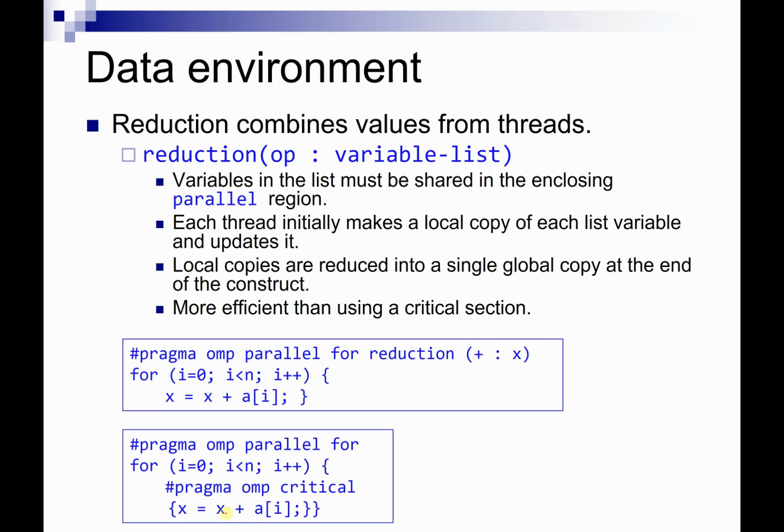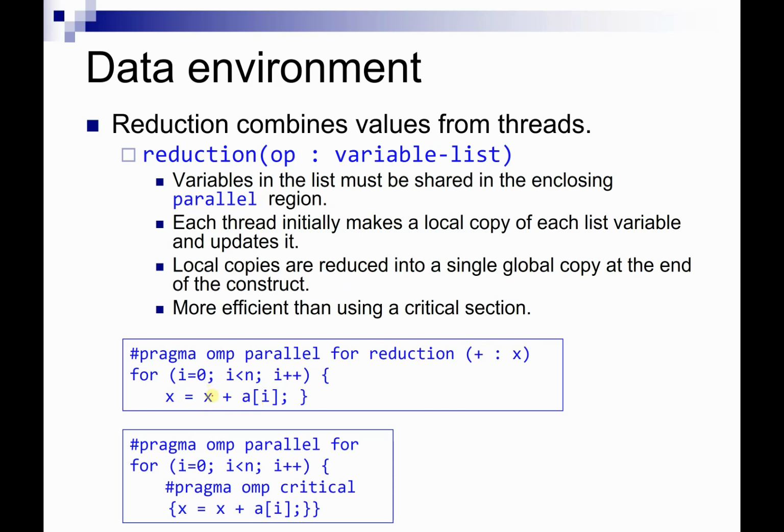Unlike here, where all of the threads share the same copy, and therefore you need to protect this copy with a critical section. Here, even though we're calling this variable x for all the different threads, it's actually a different variable for each thread. So the thread can just add these values of a into its copy, and there won't be any race condition with the other threads.